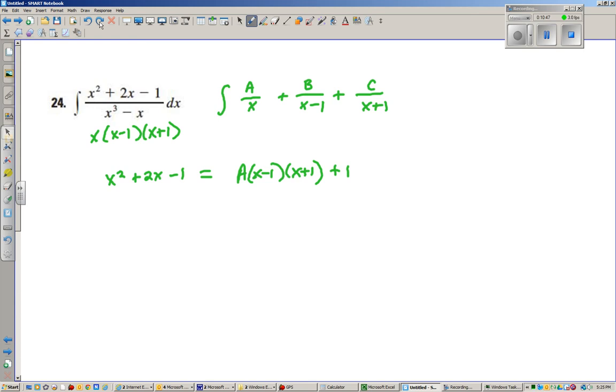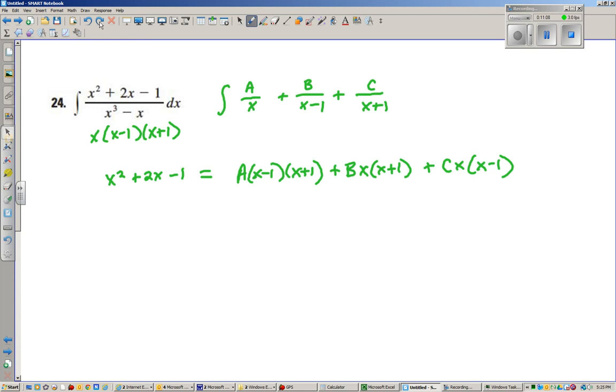And then the second denominator, wouldn't it go into the common denominator, x times x plus 1, and we'd multiply that by our b? And then finally the third denominator, x plus 1, won't it go in exactly x times x minus 1 times, and we'd multiply that by our c?